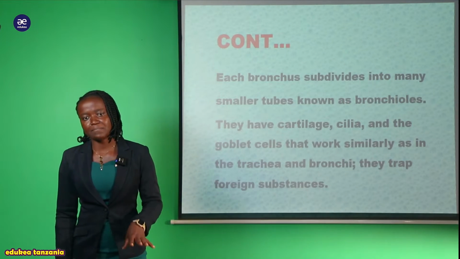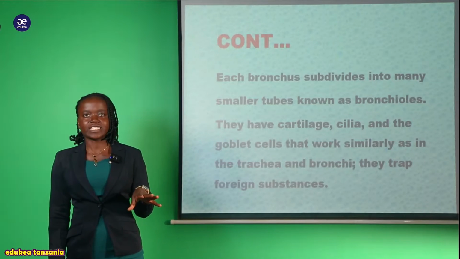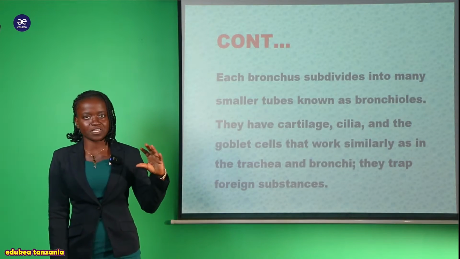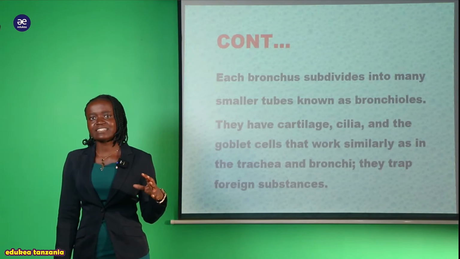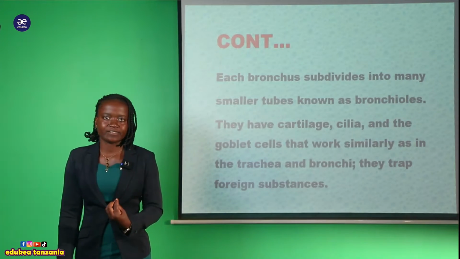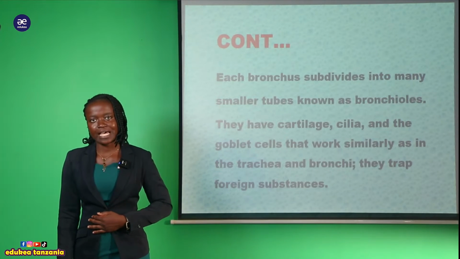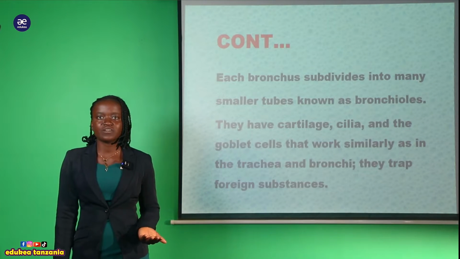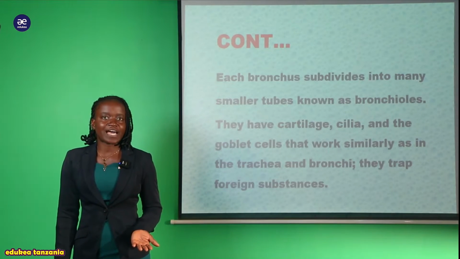The purpose of the branching of these parts of the lungs is the filtration of clean air to enter the alveoli, because within the alveoli we don't need any kind of dust.